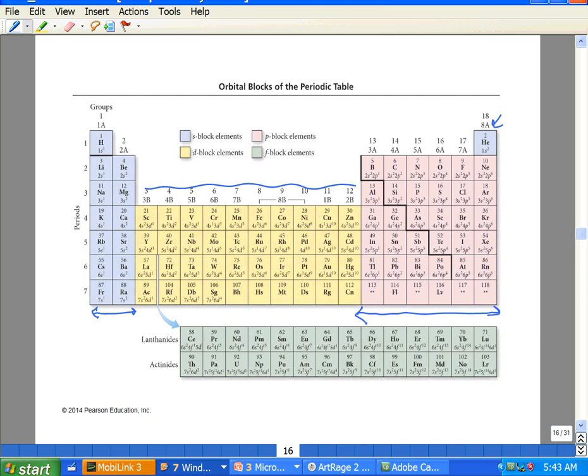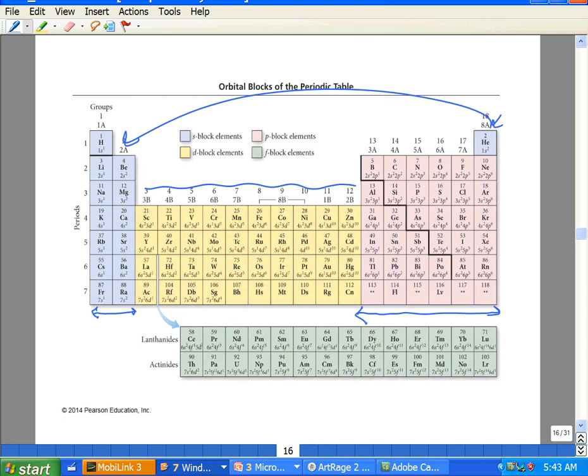Helium is always going to be in the S because it only has 2 electrons. Helium is supposed to actually come over here and sit next to hydrogen, basically. But it actually acts as a noble gas because it is completely filled on the outer shell. So it goes over here and sits on the periodic table with the noble gas family.